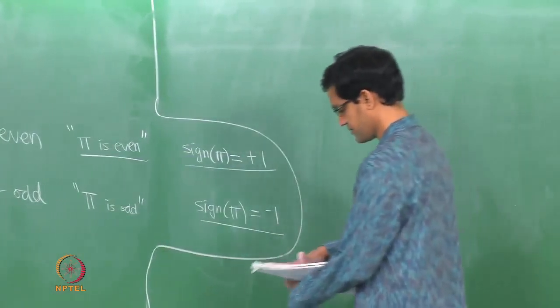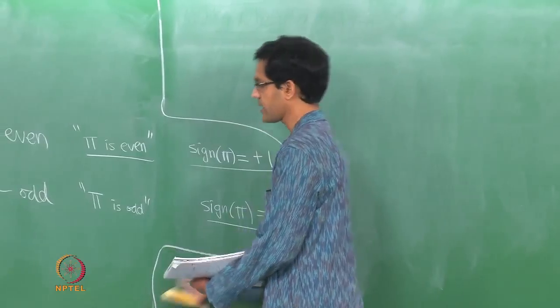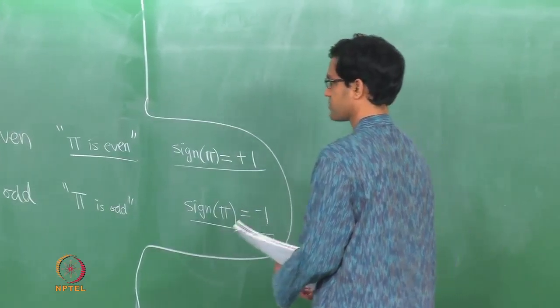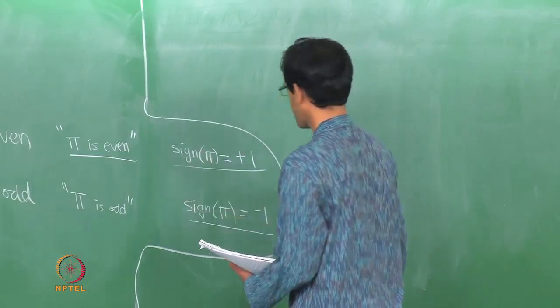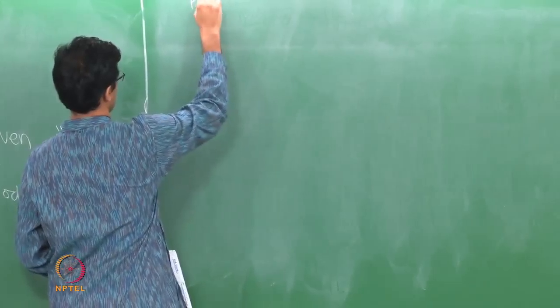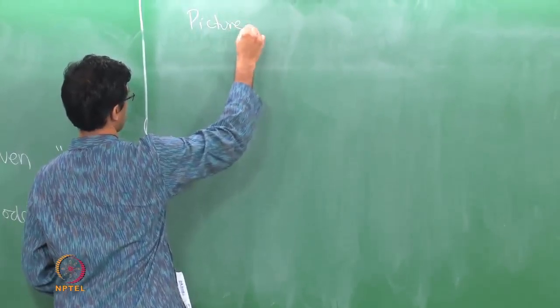Now here's a very nice pictorial point of view to keep in mind. Let's pretty much draw the same picture out there, but maybe a little larger. So here's the picture again of pi as a function.